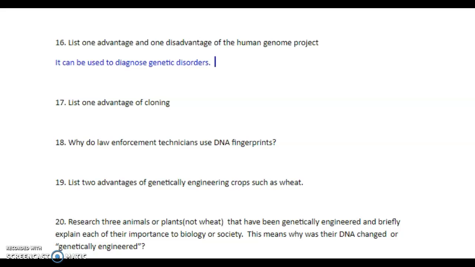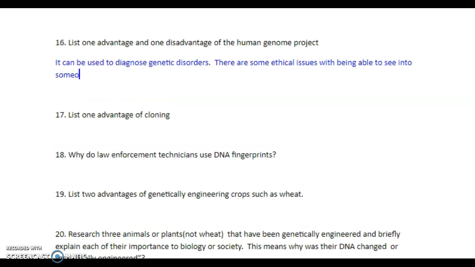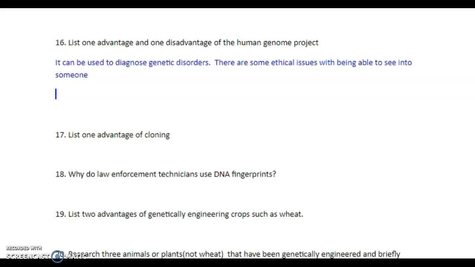But also, there are some ethical issues with knowing ahead of time, with being able to see into someone's genome.